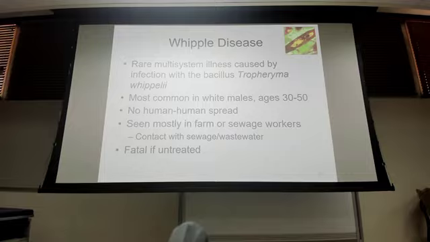Usually this is going to affect white males between 30 and 50, and there's increased incidence in those who have an occupation where they work in soil or wastewater, farmers and sewage workers, because the bacterium is in the sewer, in the wastewater, and obviously if you're a worker in those areas, you're more exposed to it, so that's why the incidence rates are higher.